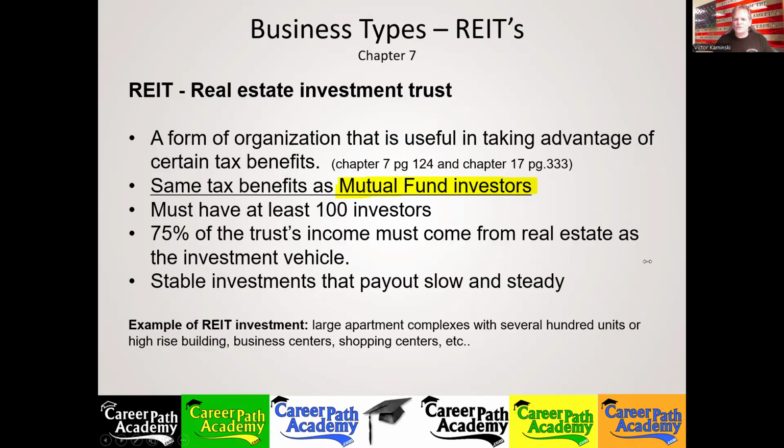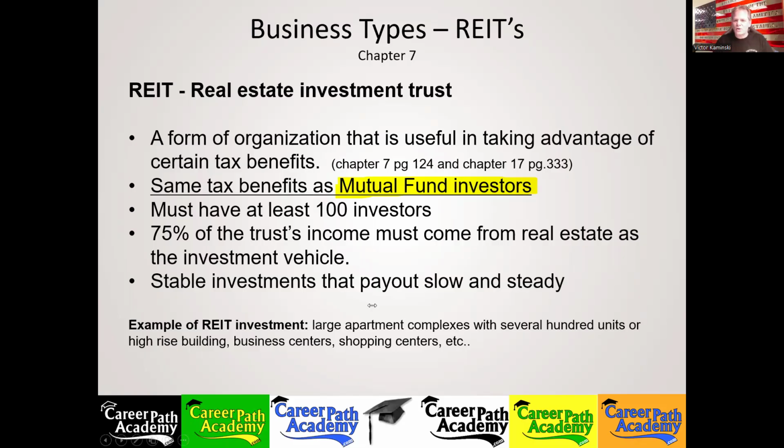Who says you have to have your retirement plans investing in commodities or stocks and bonds, or mutual funds? Why not have a fund that gets its money from real estate as the investment? And that's exactly what a REIT is.